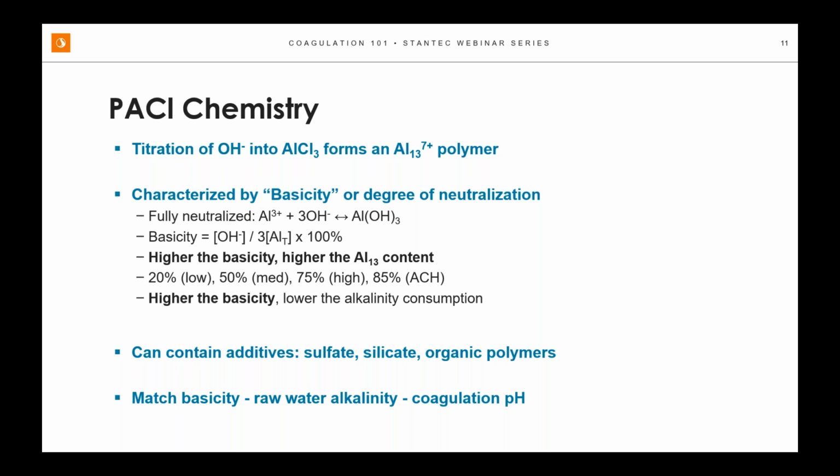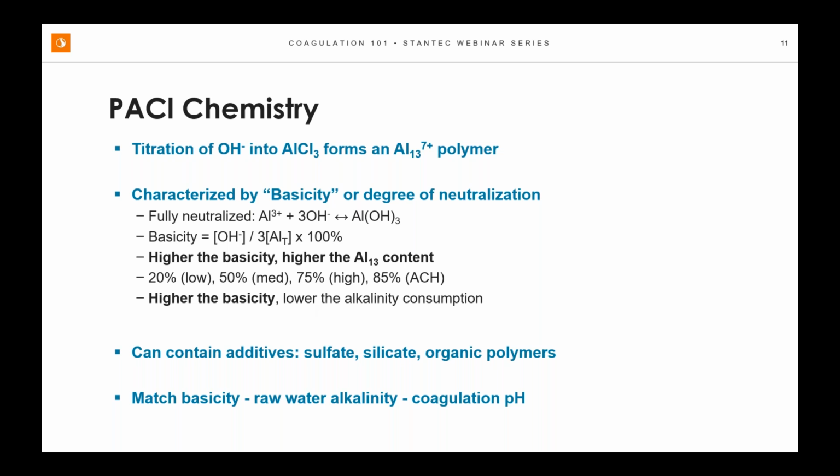They'll say it's high basicity or low basicity, and it refers to the ratio of how much base to how much aluminum, with 100% meaning fully reactive. So you'll see the higher the basicity, the higher the aluminum 13 content, because it's driving this polymerization reaction. But also the higher the basicity, the lower the alkalinity consumption.